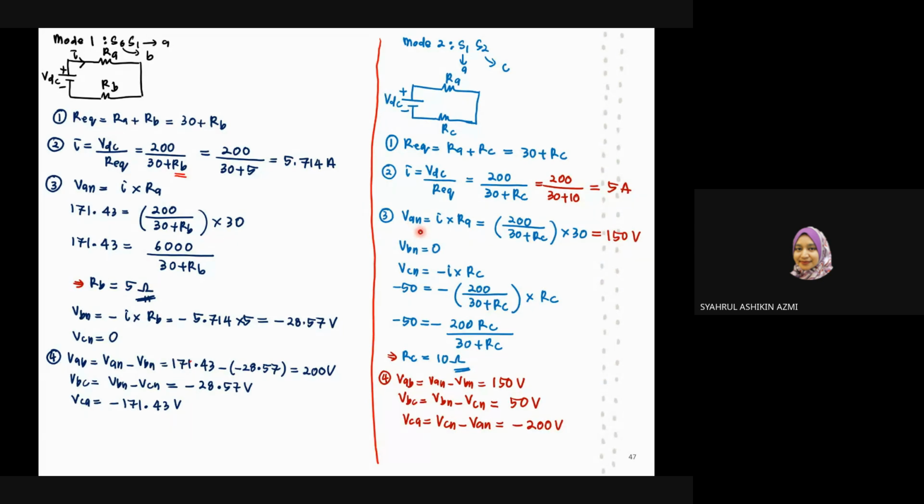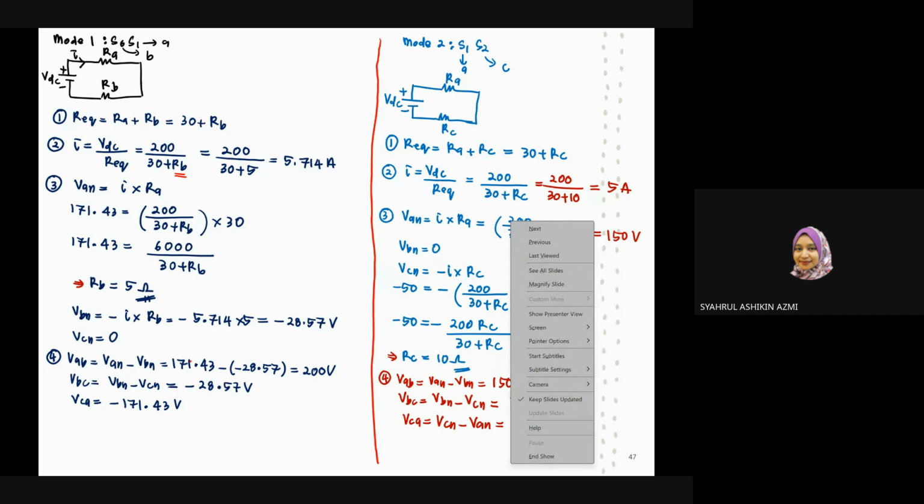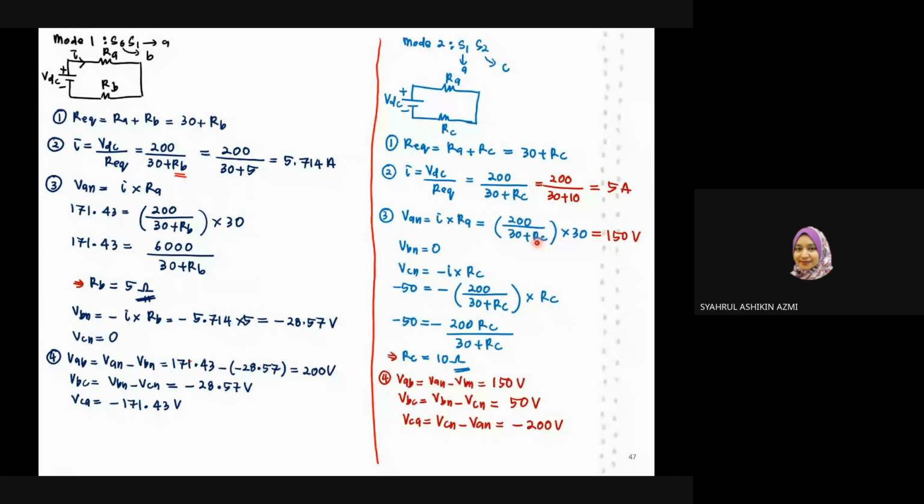VAN will be equal to this current multiplied by RA. Since your current here is 200 divided by 30 plus RC, multiplied by 30. So far you can't solve for VAN yet because you need to find the value of RC. VAN will equal to 0.